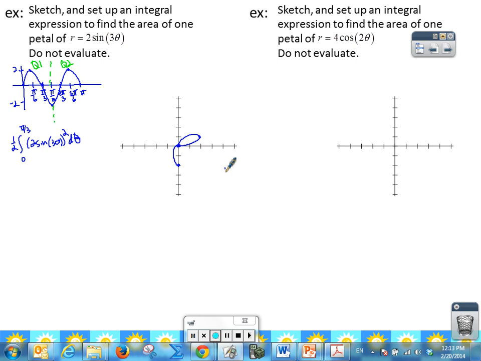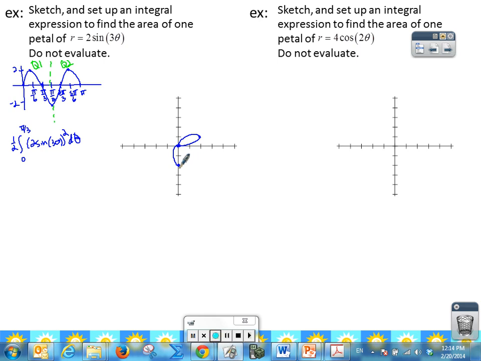Now, after pi over 2, we have gone into the second quadrant. Our angle measure is in the second quadrant, but our r measure is negative, which means the petal is over here in the fourth quadrant.